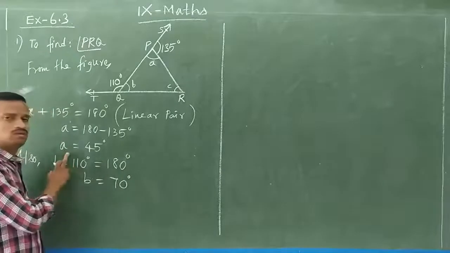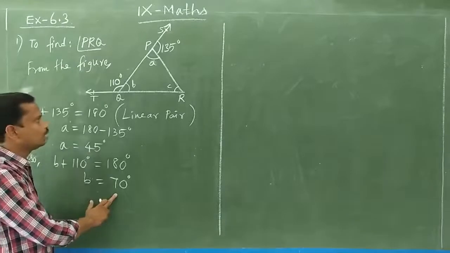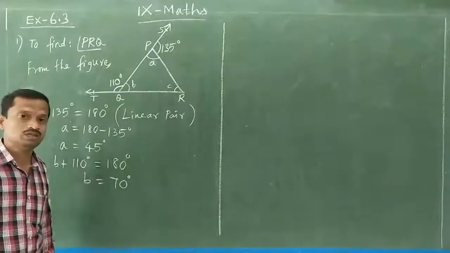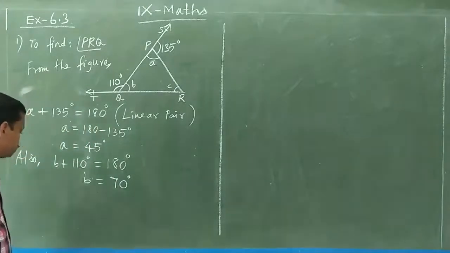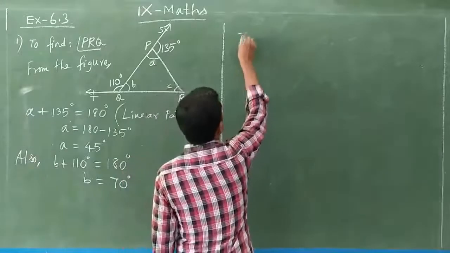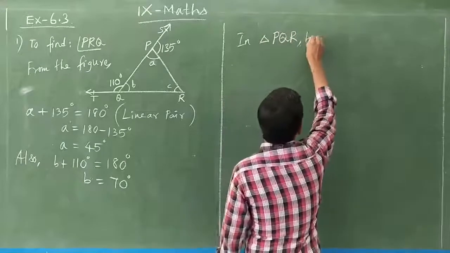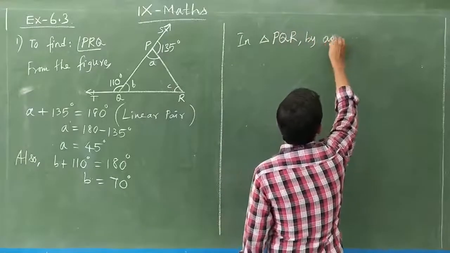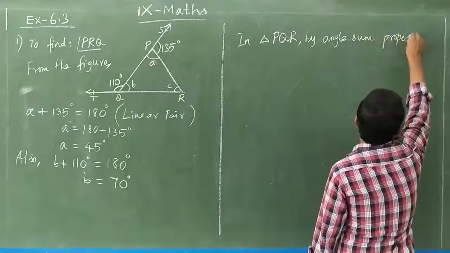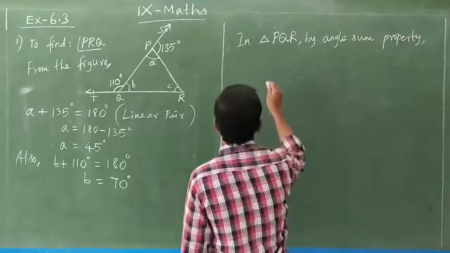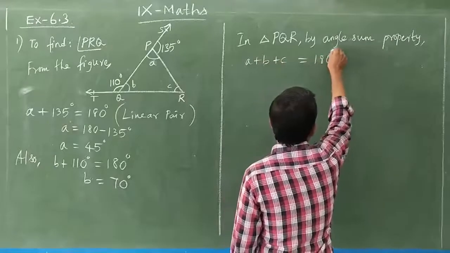So now we have found A 45 degree, B 70 degree, and now easily you can find angle C by applying the angle sum property. Am I right? So in triangle PQR, by angle sum property, we can take angle A, angle B, and angle C, that is equal to 180 degree.